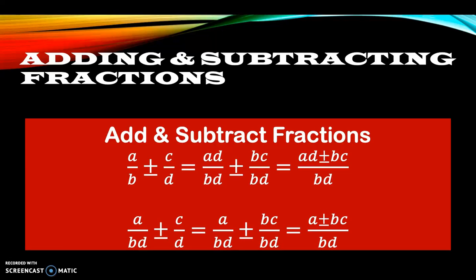In another case, we have A over BD plus or minus C over D. For C over D, we multiply top and bottom by B, which gives A over BD plus or minus BC over BD, which equals A plus or minus BC all over BD.